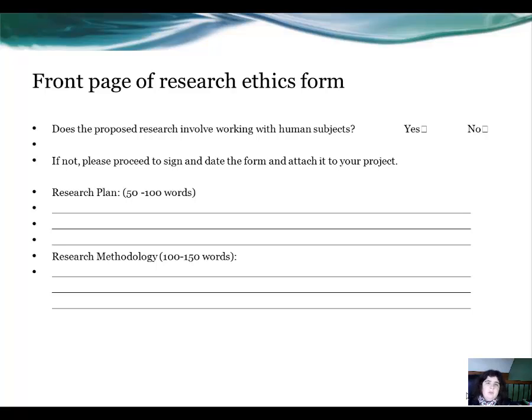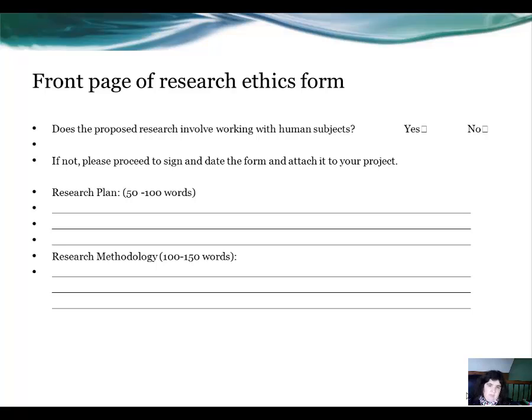And the first question is, does the proposed research involve working with human subjects? And you need to indicate yes or no. If it's no, proceed to sign and date the form and attach it to your project. However, if it's yes, you need to continue on with the research ethics form.